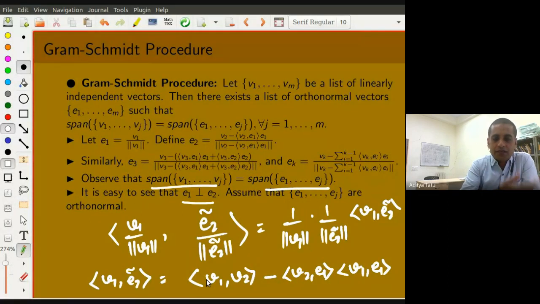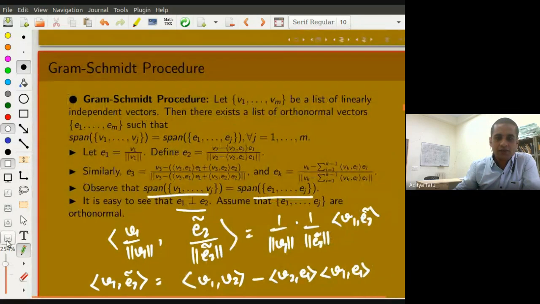This is nothing but your vector w. So try to show that this is 0. And this is clear. Can I assume it is clear? Are we going too fast or is it okay?